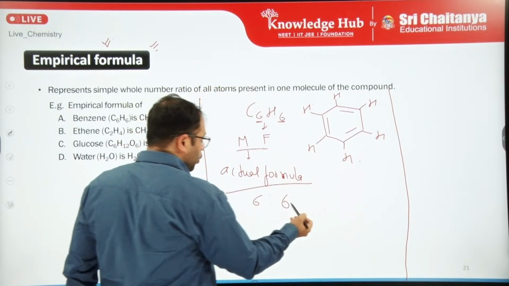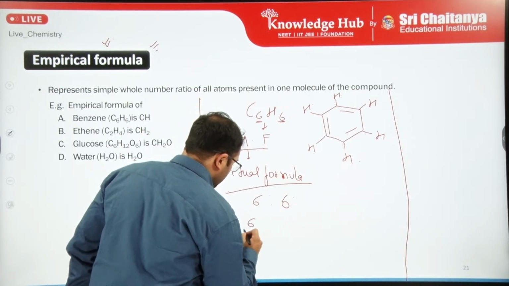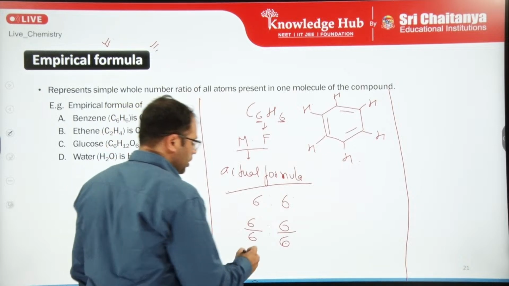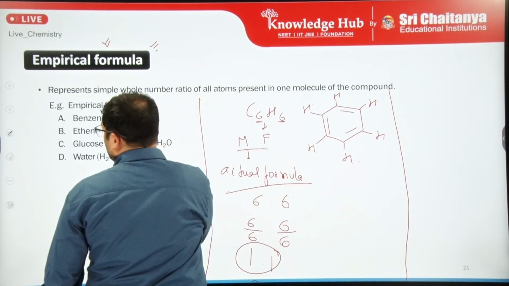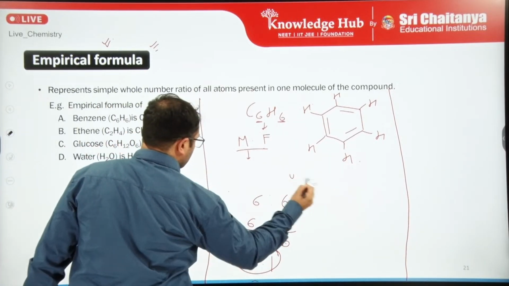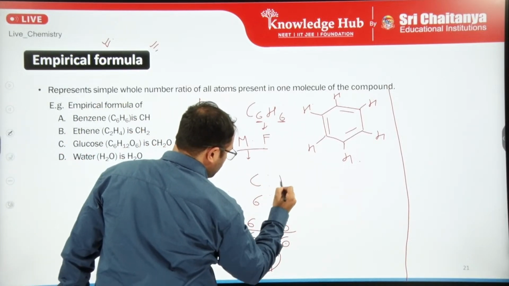So if you divide both sides by 6, you will get 1:1. This was the ratio of carbon to hydrogen.